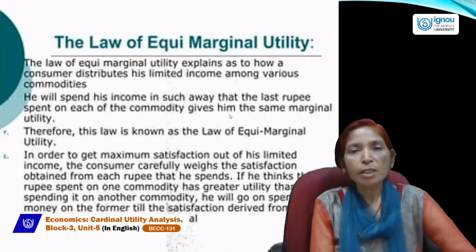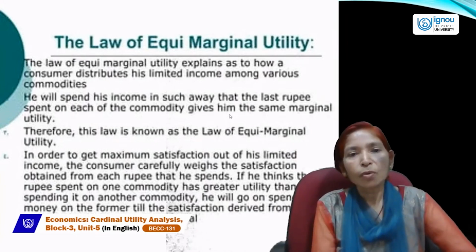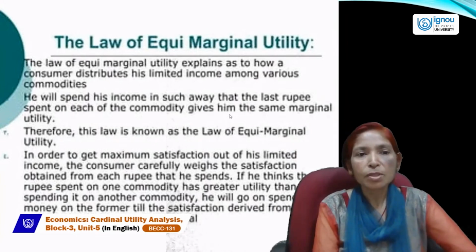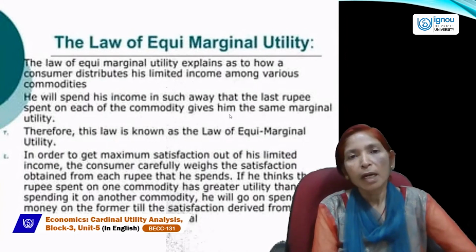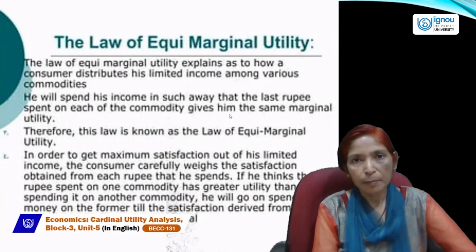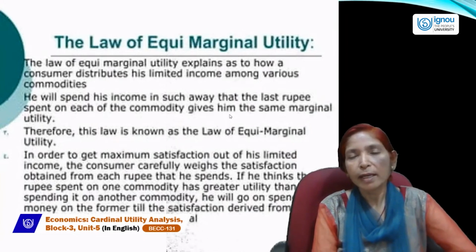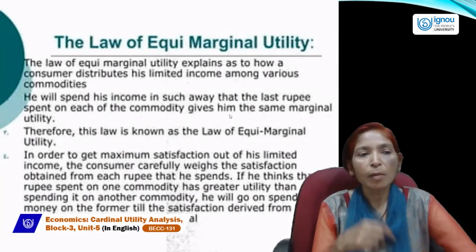The law of equi-marginal utility explains how a consumer distributes his limited income among various commodities. For example, if the commodities are X, Y, and Z, then how can the consumer distribute his limited money income among them?